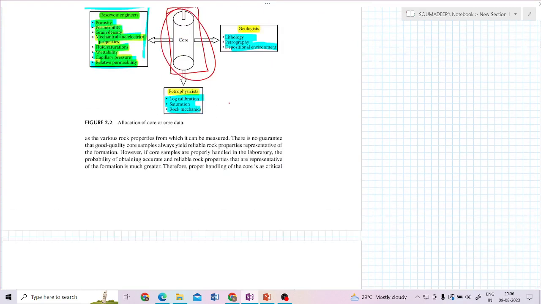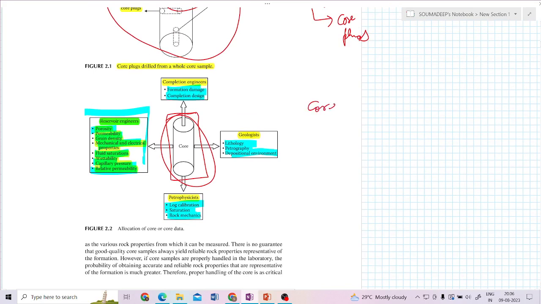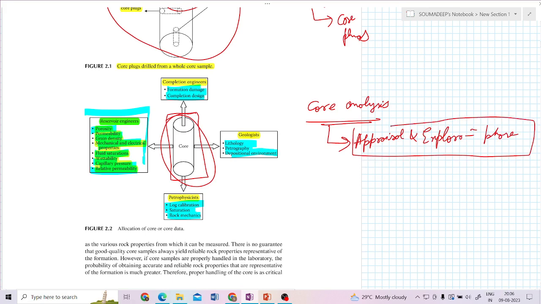So it's very important, and this core analysis is actually done a lot of times, but it is much more important during the appraisal and exploration phase of planning. I have studied PRMS, which I will cover in another lecture, and you will know what appraisal and exploration are.